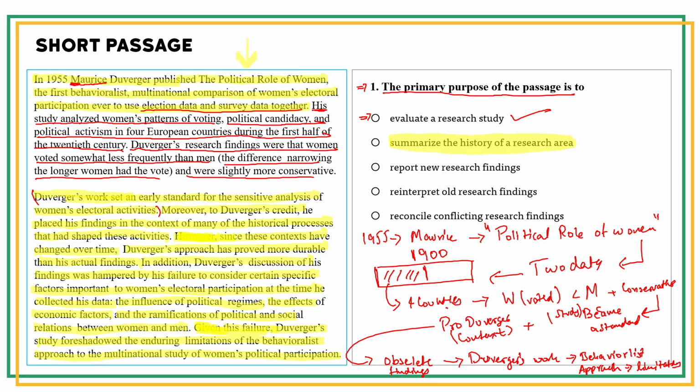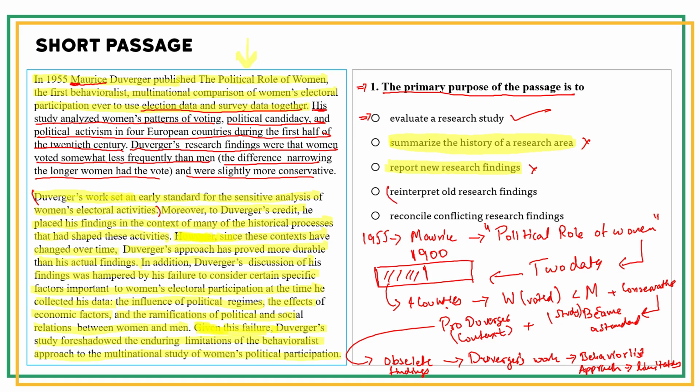Okay, is the passage reporting new research findings? The passage is definitely calling the old ones obsolete. Duverger's approach has proved more durable than his actual findings. That does mean that the actual findings are obsolete, but there are no new findings mentioned. So these two go out anyway.